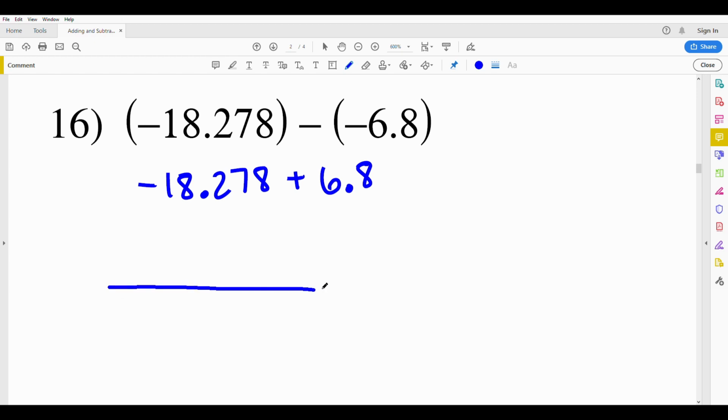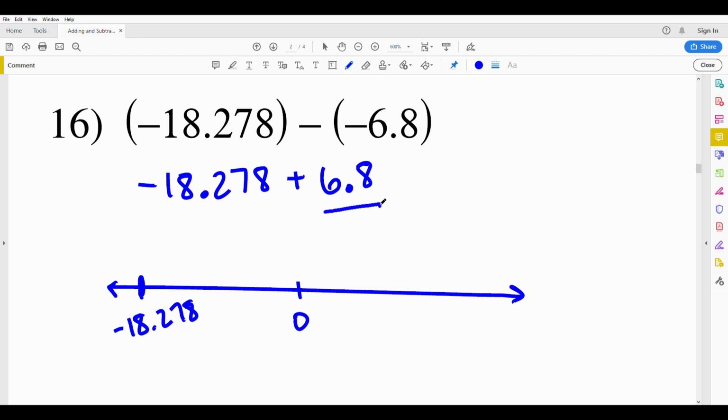So again, doing a quick number line depiction to show why this method works, we're going to have 0 here. We'll have negative 18 and 278 thousandths here. And remember, we're going a positive 6.8. So I know this distance because I labeled it as negative 18 and 278 thousandths.